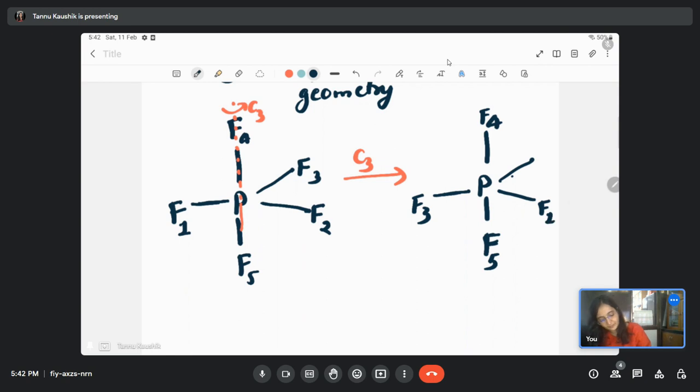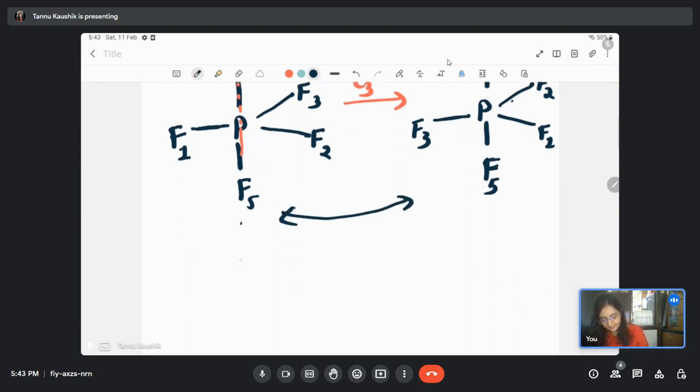We will get a configuration like this. So this configuration is equivalent to our initial configuration. We have C3 and C3 inverse because we can perform the C3 either clockwise or anti-clockwise.